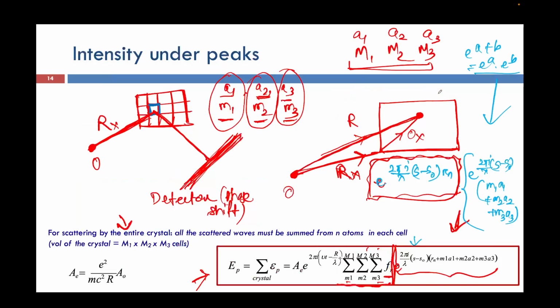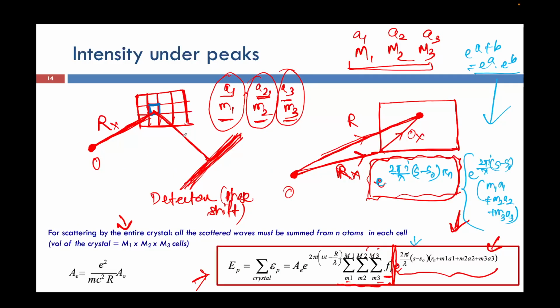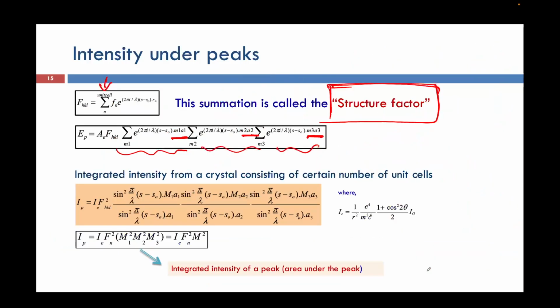This is what the structure factor is, and here I have written the same thing. This entire expression I have written here. I have just separated it out, so you can see this is one thing, this is the second, this is the third. M1 A1, M2 A2, M3 A3 I have just multiplied with; you don't have to worry about that. But this expression I have entirely taken out and put here as the structure factor. You can see the amplitude is directly proportional to the structure factor.